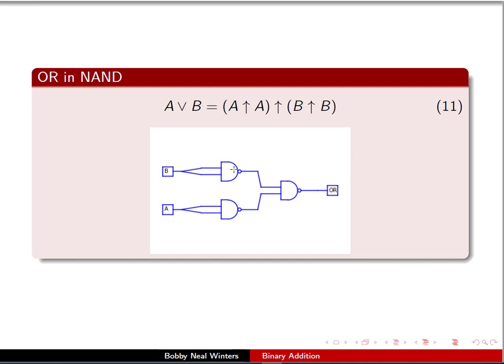This one between the B's is this one on the top. Notice that the current from B flows into both of the inputs on the top NAND, and the current from A flows into both of the inputs on the bottom NAND. And they mix like this, giving you the final OR being A or B.